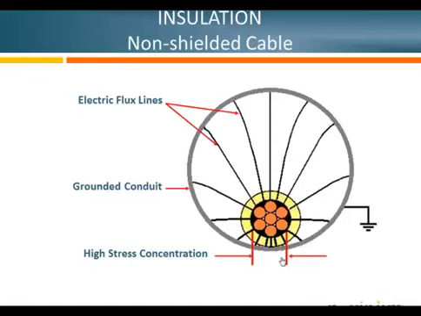And so therefore, with a non-shielded power cable, you have to have a significantly thicker insulation level in order to handle that. Typically 5 kV non-shielded power cable has 140 mils of insulation for a non-shielded and 110 mils for a shielded power cable.